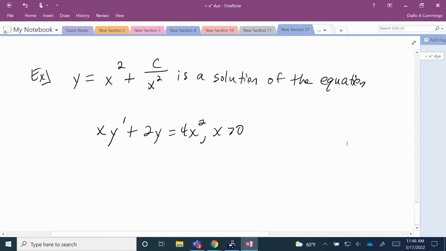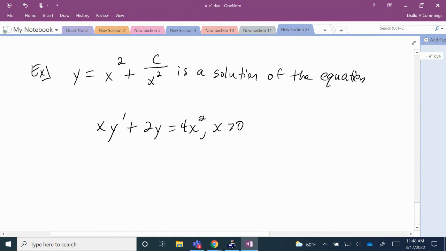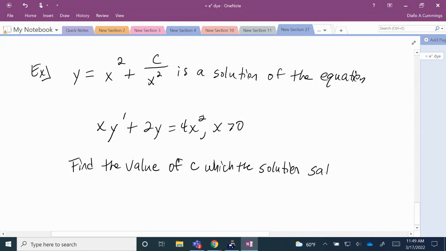So what we're given here is a first order linear differential equation, and we're given the solution. We're asked to find the value of c which the solution satisfies the initial condition y of 10 is equal to 2.